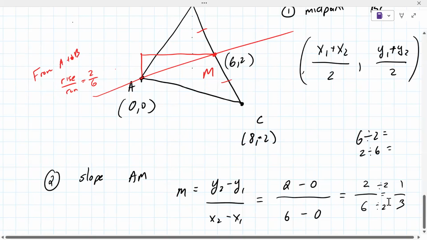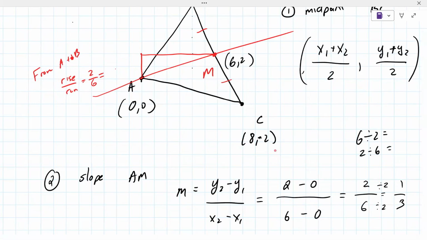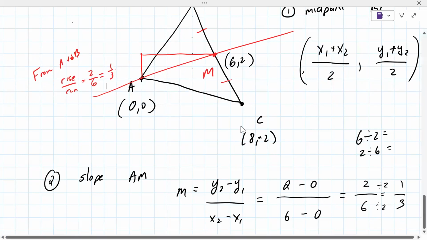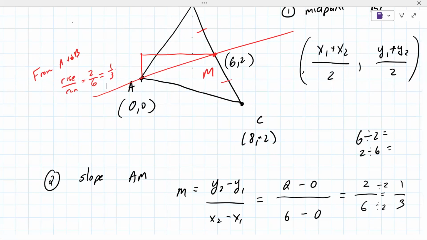So it would be 2 comma 6, which reduces. No, the slope. Slope is a number. Oh, wait, so the slope can be a fraction? Yes. Oh, okay. I see.